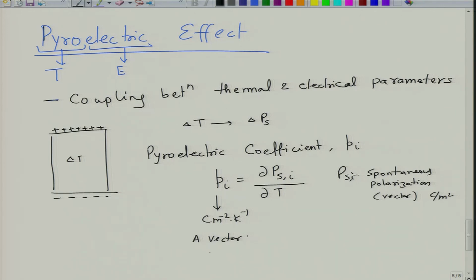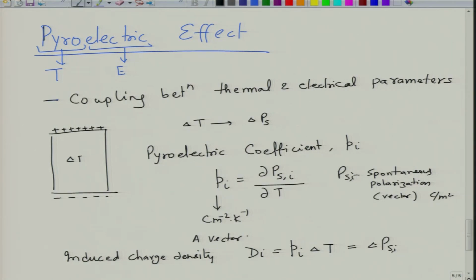Okay. Alternatively, you can also write that the induced charge density, let us say delta sigma, is related to delta T by small pi, and this is nothing but delta Ps, the change in the spontaneous polarization that you observe upon applying a thermal gradient.